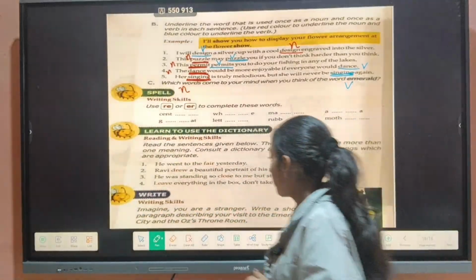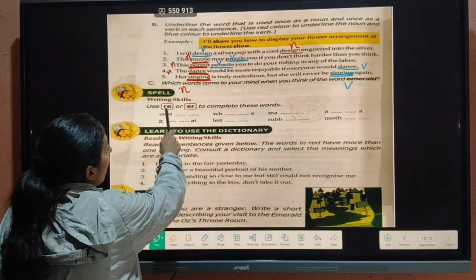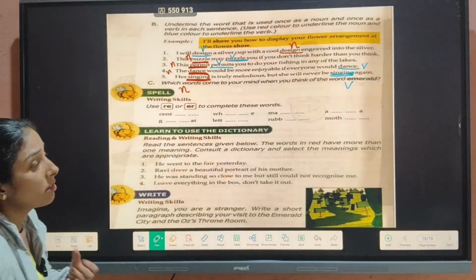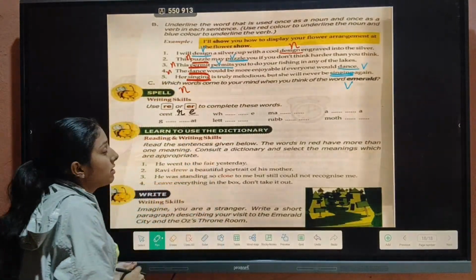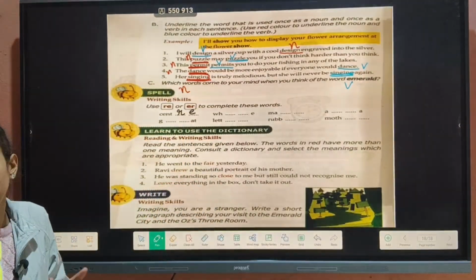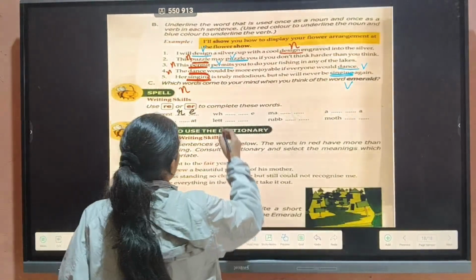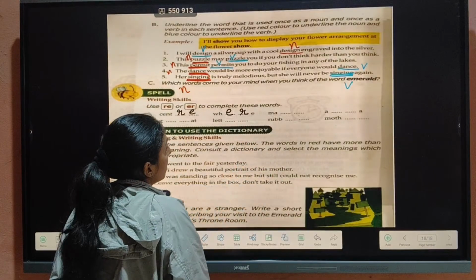In the next one, beta, you have to use RE or ER to complete these words. Center: both spellings are correct, CENTER is also correct and CENTRE is also correct. Where, WHERE.